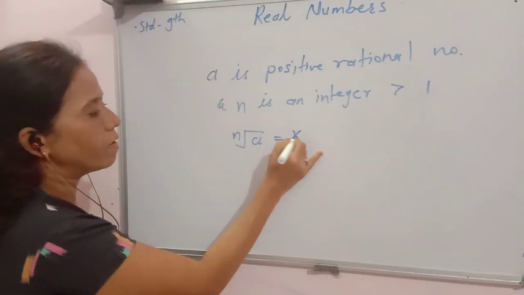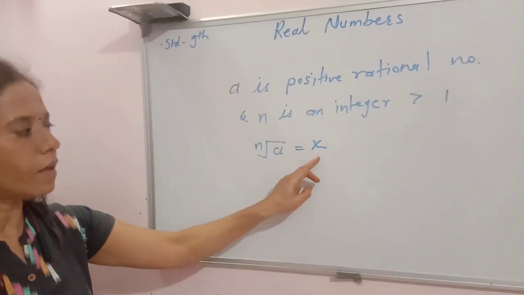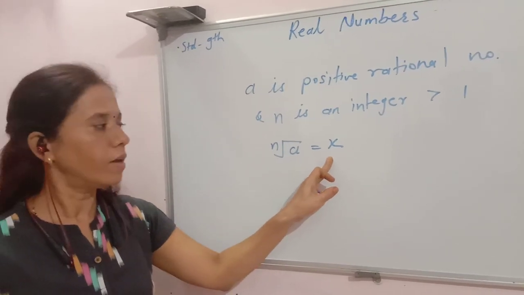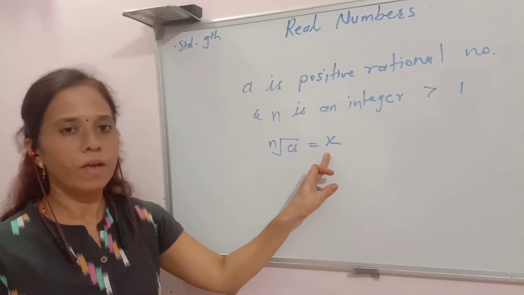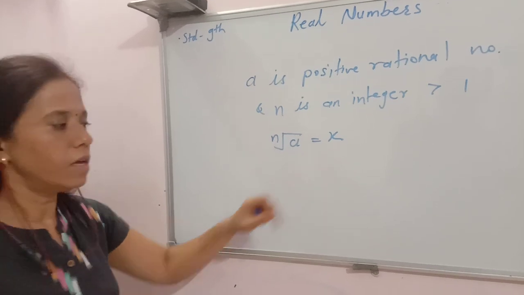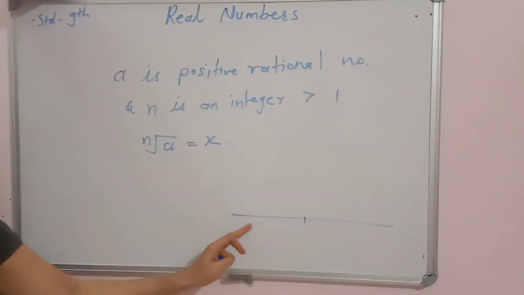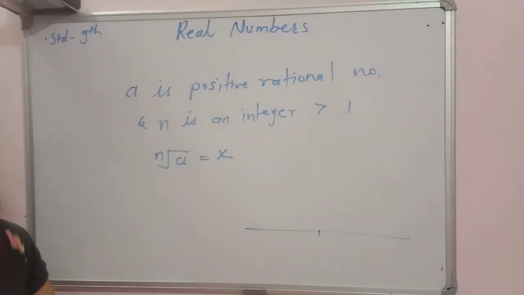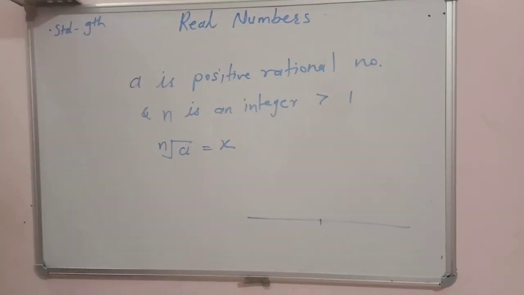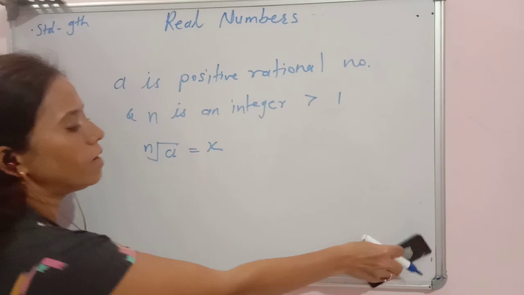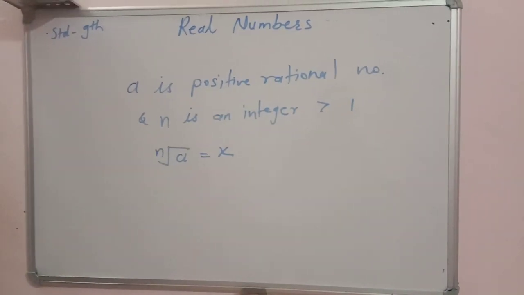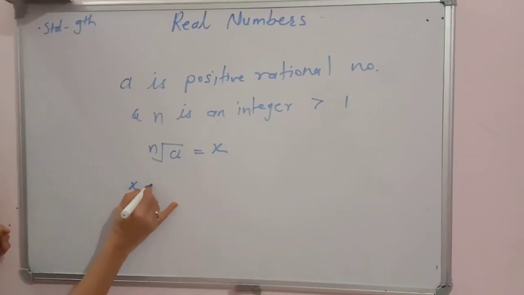Suppose it is x, and this x is an irrational number. Till now you understand what is meant by an irrational number: the numbers which we can present on the number line but which are not rational are irrational numbers. So x is an irrational number, then we say that this x is a surd.